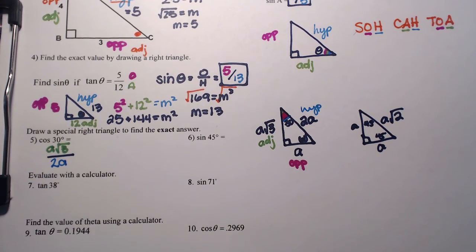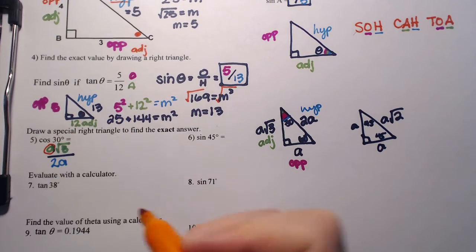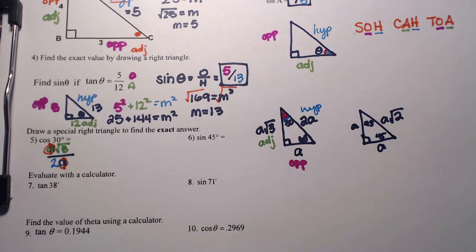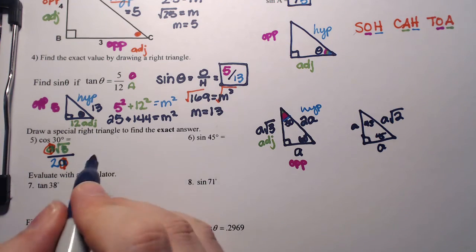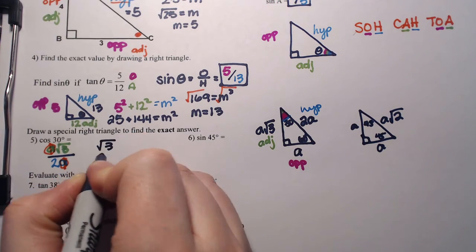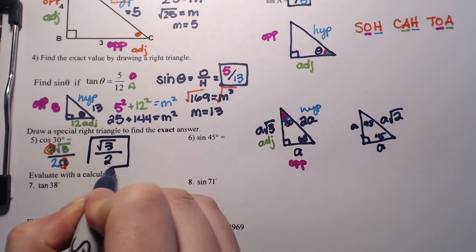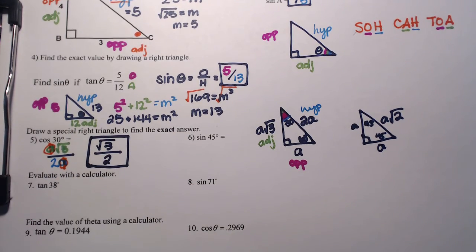Well, I know that if I have a divided by a, that reduces to 1. So I really just have 1 times the square root of 3 divided by 2 times 1. So the variables reduce away.